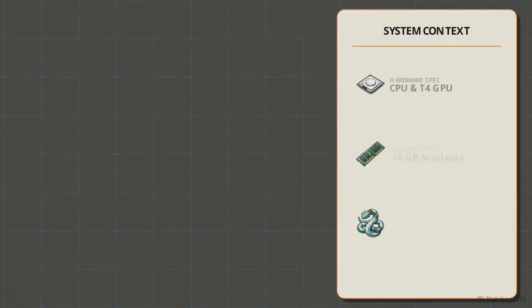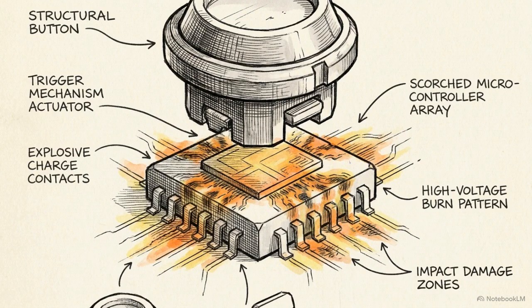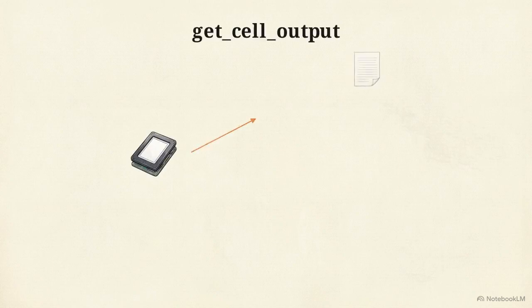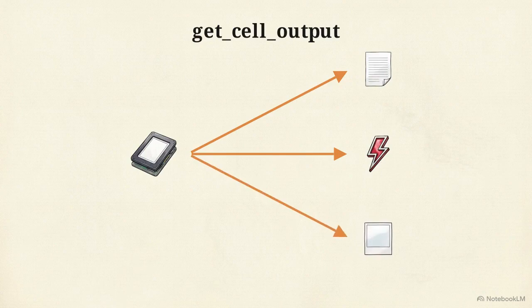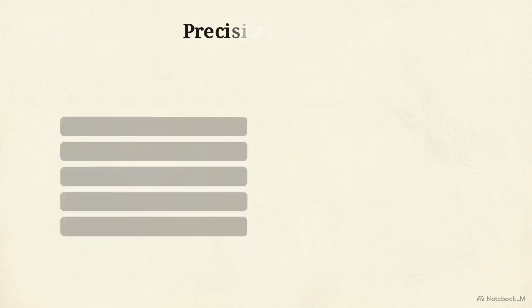These scan the remote machine to build exact system context for the local agent. The second cluster holds execution tools, notably Run Code Cell and Get Cell Output, which directly trigger physical hardware processing on the remote GPU. The Get Cell Output tool is particularly thorough. It captures standard text, complex tracebacks, and even base64 image data straight from the runtime.